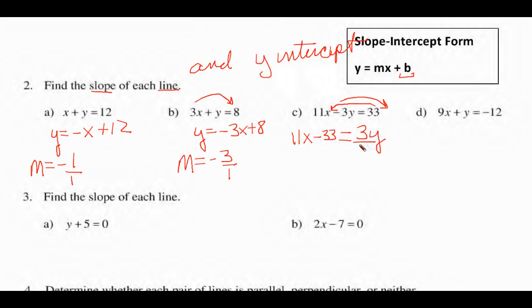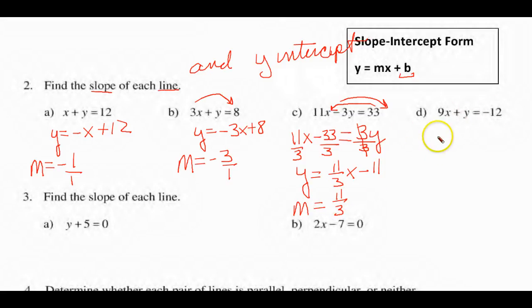Now we solve for y by dividing each term by 3. Now I can bring the y back on this side. This is going to be just a 1y, and this is 11 thirds x minus 11. So our slope here is 11 thirds.